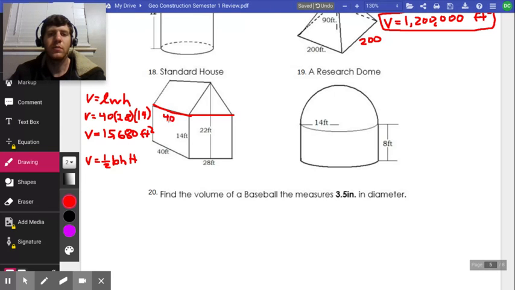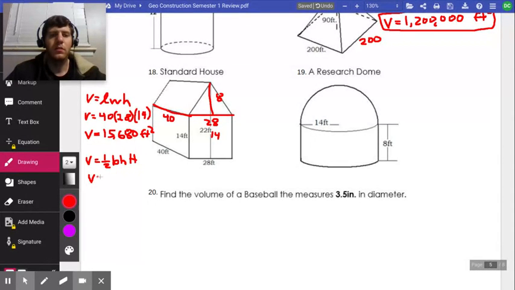That's the distance between the bases, that's our capital H. This here is 28. Okay, that's your base. And then your height of your triangle here, right? This whole thing is 22, and this piece is 14. So 22 minus 14 is going to be 8. So the height of that triangle is 8.